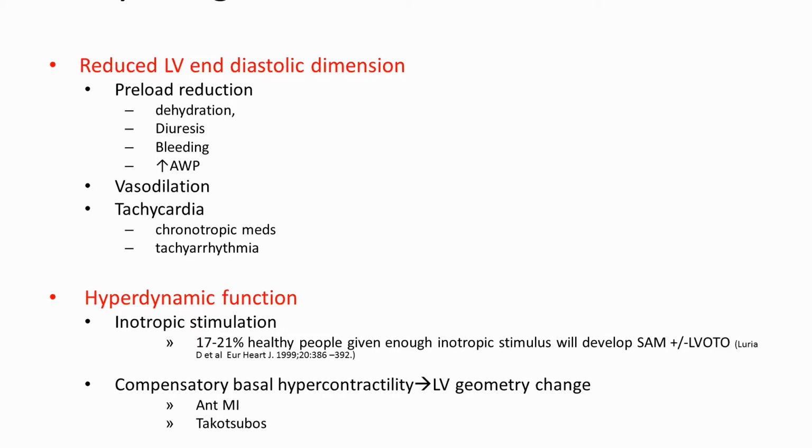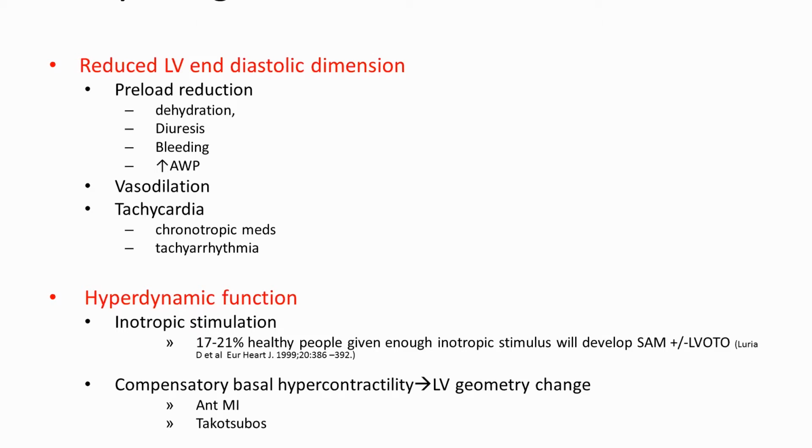And I wrote one of these up for my DDU case report. Somebody we did an exercise or dobutamine stress echo on, and they developed SAM right up at the high end of the dosing and developed a gradient, but they were otherwise fit and healthy.